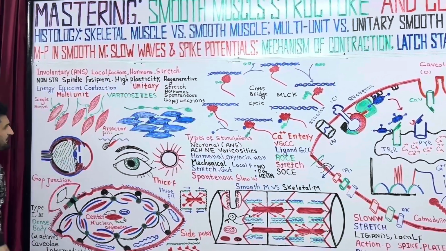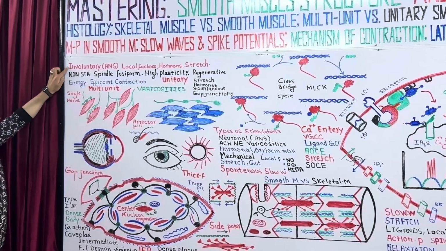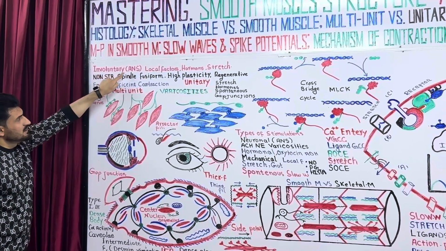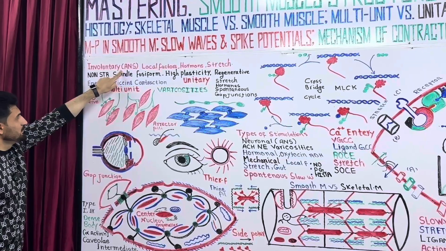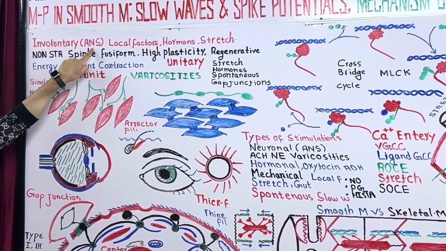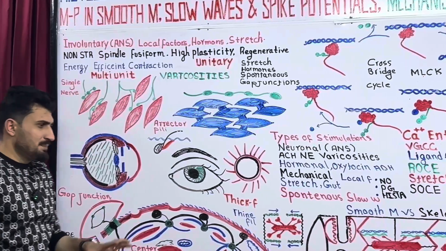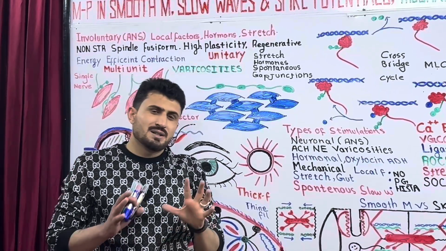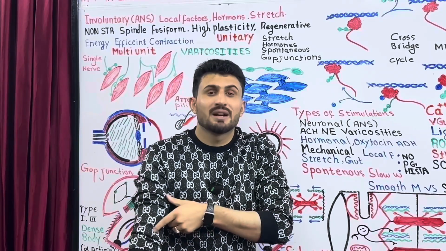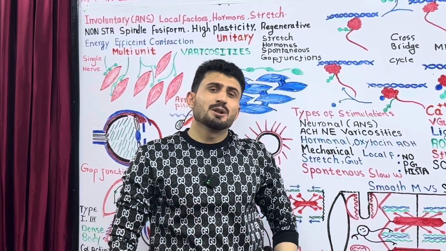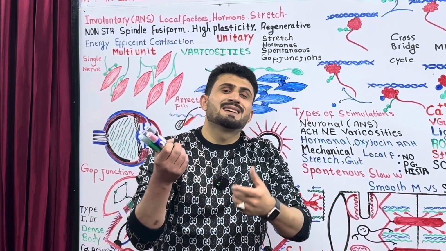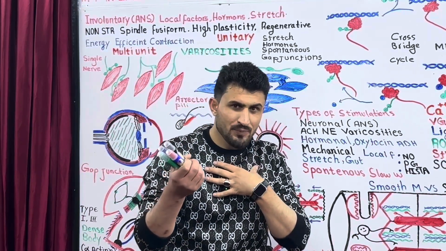First things first. Smooth muscles are also called involuntary muscles because they're stimulated by the autonomic nervous system. In the previous lecture we discussed that contraction of skeletal muscle is under our control. For example, when I want to contract this muscle, it depends on me.